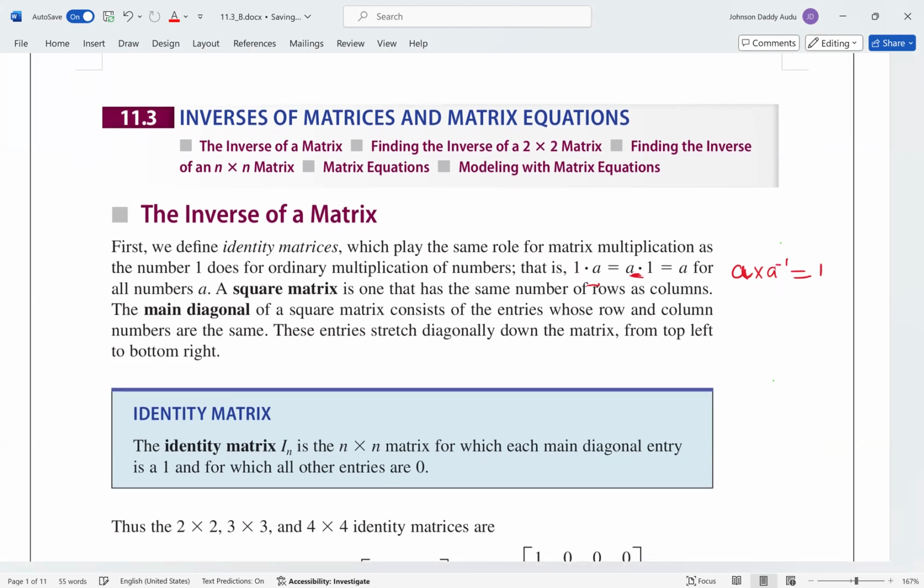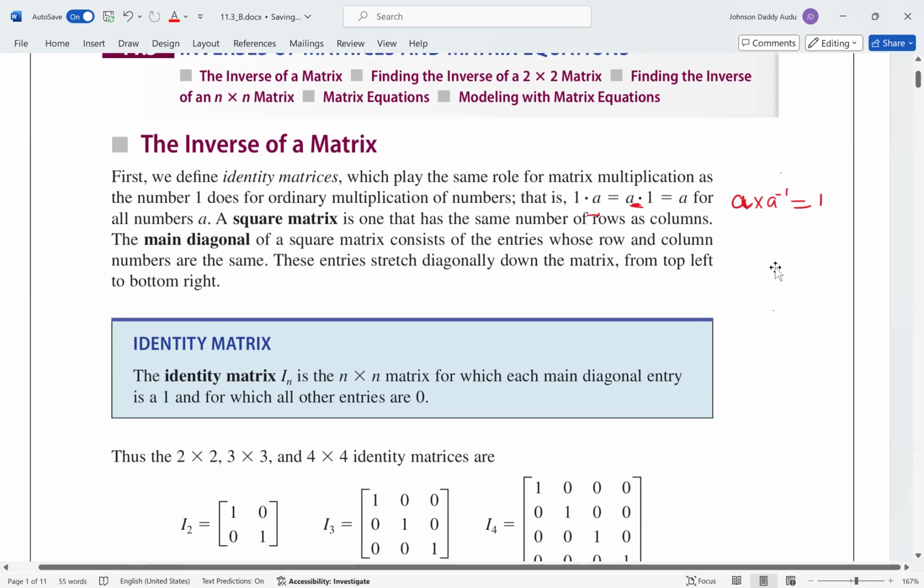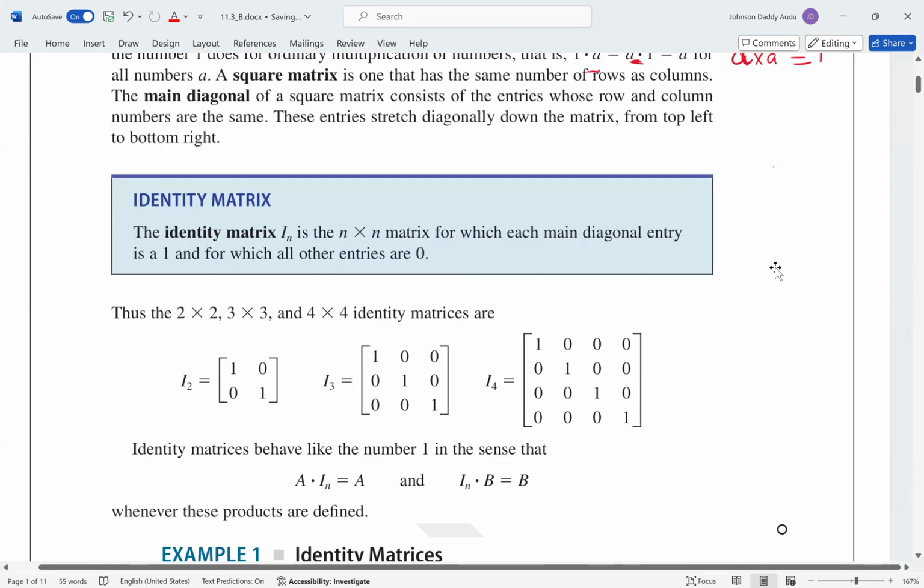If you want to find the inverse of a matrix, you need to know what we mean by an identity matrix. An identity matrix is simply an n by n matrix, In, in which the main diagonal entries all contain 1, while every other element is 0.